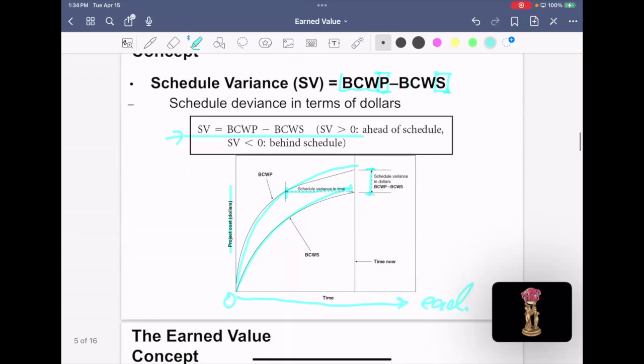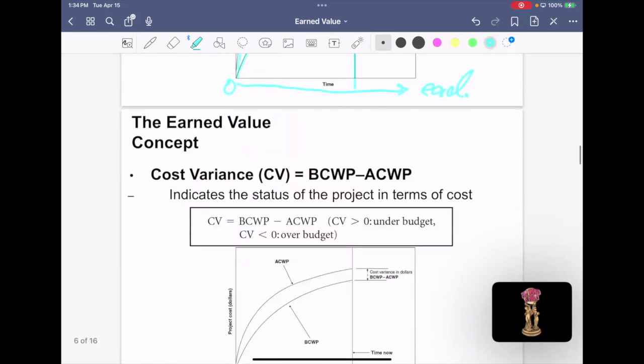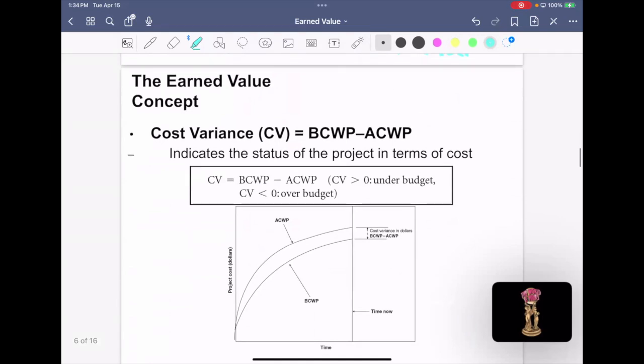And this is your time now, okay? Then, compared to that, we have another one we call the cost variance. For the cost variance, we compare the budgeted cost of work performed, this is performance, and the actual cost of work performed. Your performance is the same thing, meaning you achieved 95% of one of your activities or the entire project, right?